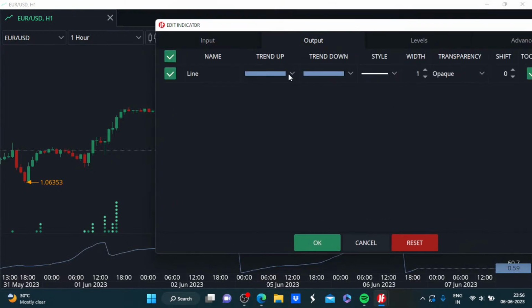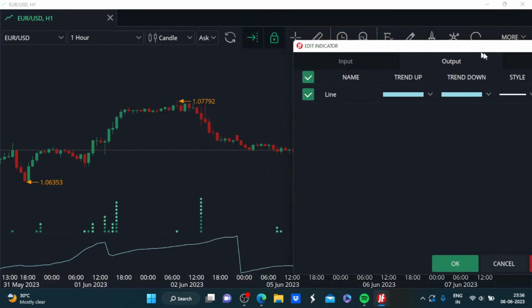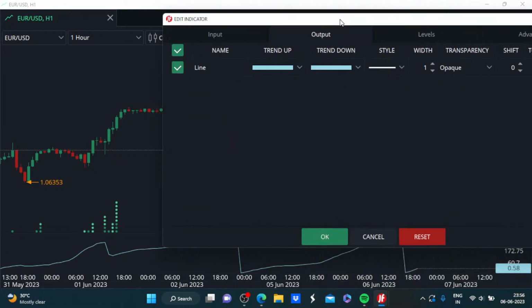Now coming to the output parameter, we can go for changes in this plotting as well. We can go for different color combinations as per our choice. Styling can also be varied.